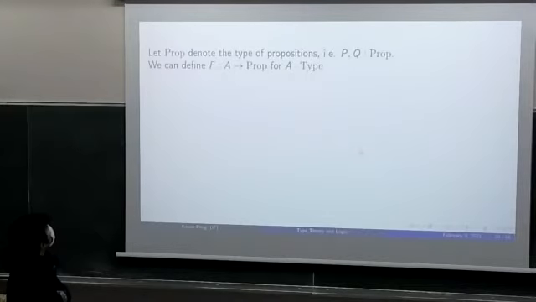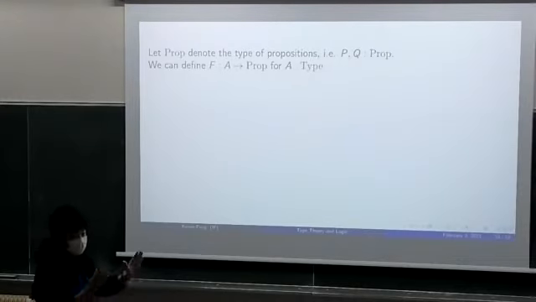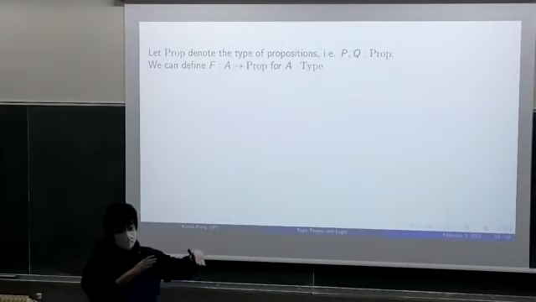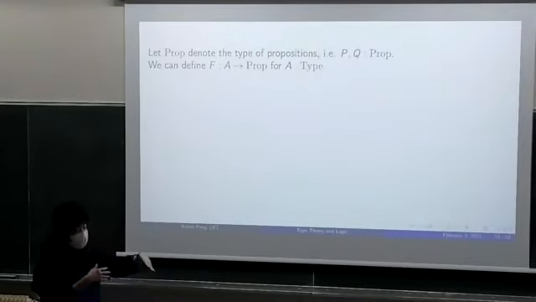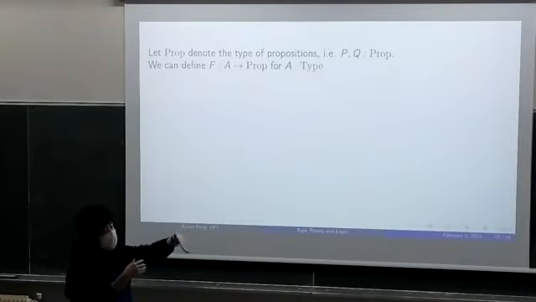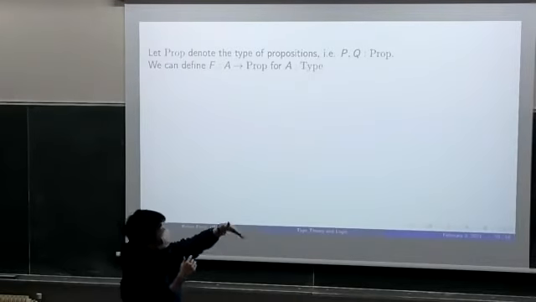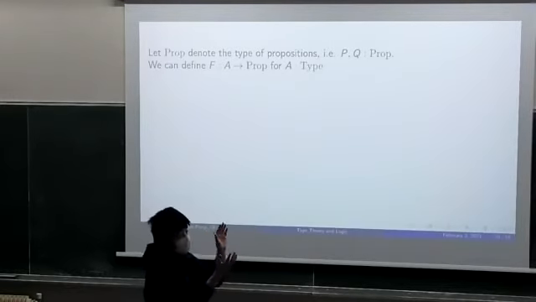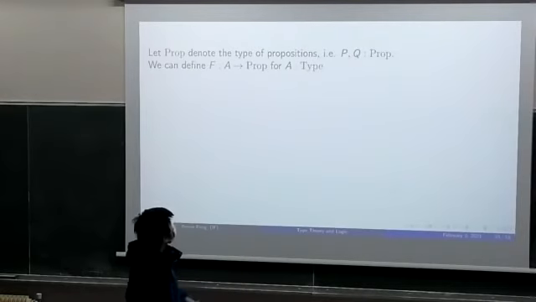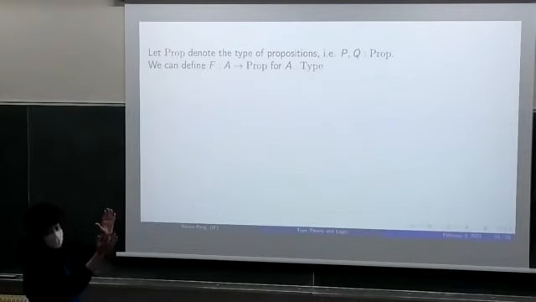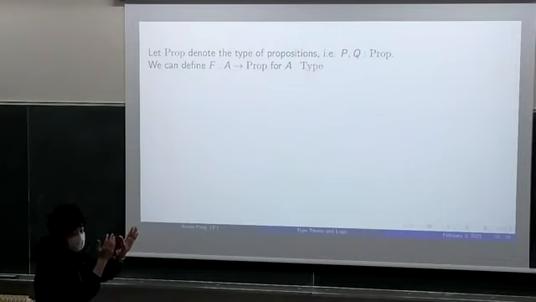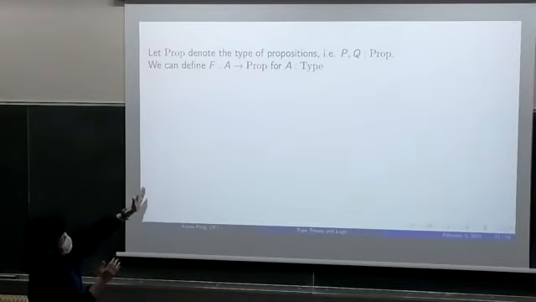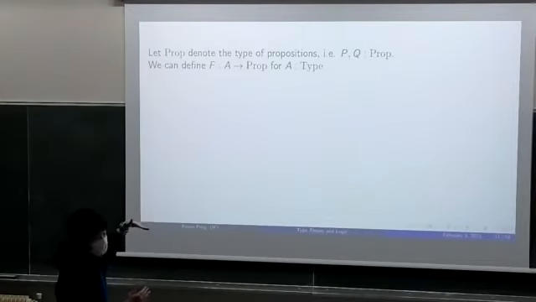So maybe we can denote the proofs as a bigger type of propositions. As last time we denoted the big type as U or a small type, here maybe we can think of the propositions as also coming from a bigger space called Proof. Like last time, we can also find a fibration: from a base space A, we find a fibration from A to Proof.